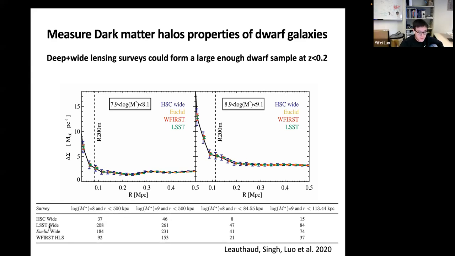And for future surveys like LSST, the Rubin Observatory, or the Roman telescope, you can get even better, much higher signal to noise measurements. So really, we are entering the regime of measuring the weak lensing signal around dwarf galaxies, which has not been done with previous lensing surveys because of the depth.